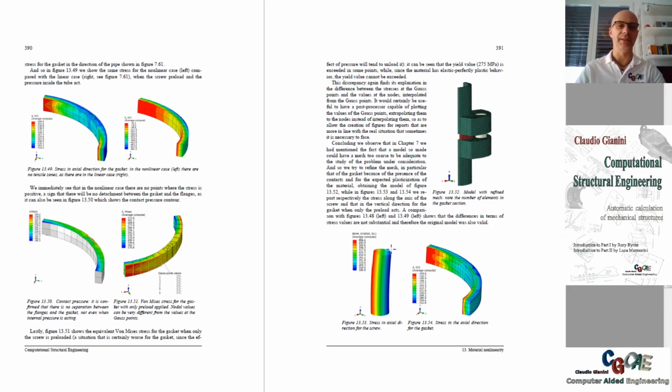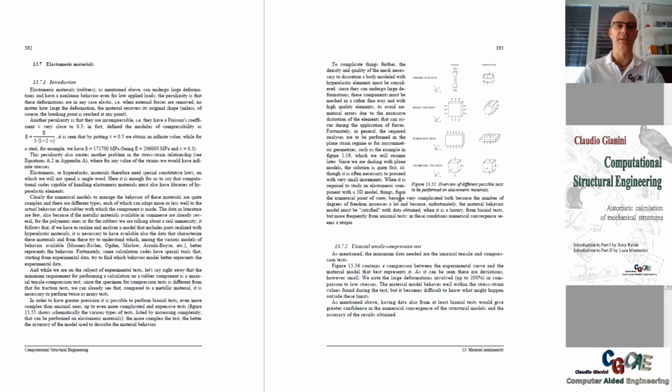No big difference compared to what happens to the bolt between nonlinear calculation and linear calculation, but big difference for what concerns the gasket, that in that case was considered to be clearly linear and with no contacts, and here we have contacts and nonlinear material.